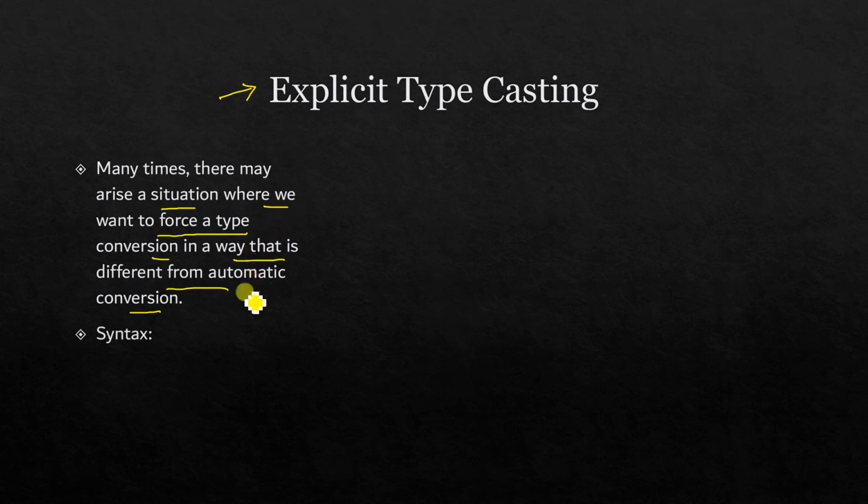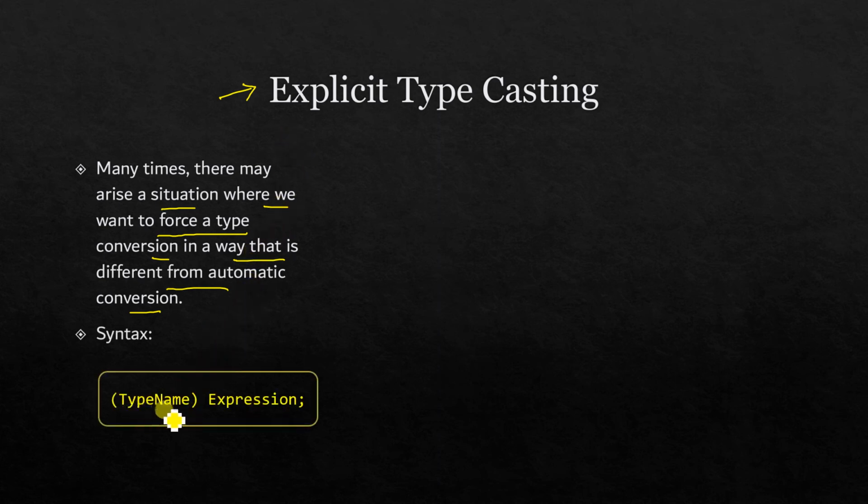The syntax is: first you write the data type within brackets, don't forget the brackets, then you write the expression. When the evaluation of this expression is finished, the result produced will be converted into the data type specified by you, and that value will be assigned to some variable.